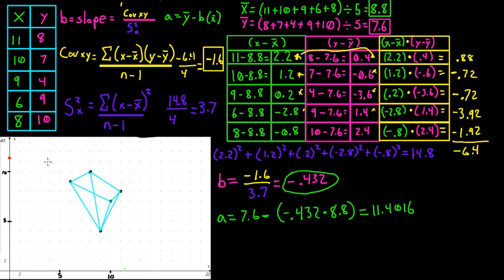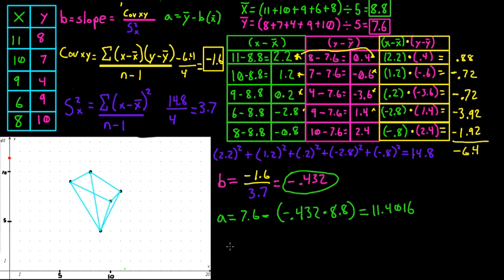Now if you wanted to find the line, you would just have to input the value. Because we know the slope, we know that for every position of x, it is going to decrease by 0.432. So what we're going to do is say it moves 10 places over, which means it would decrease by 4.32.